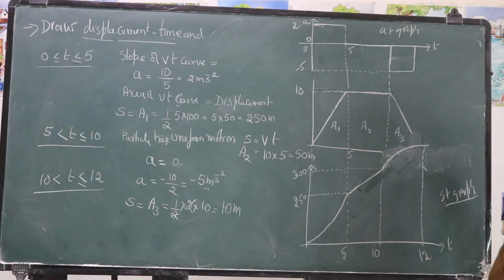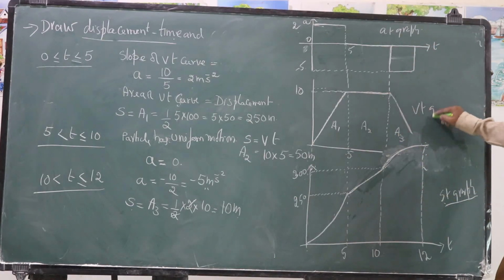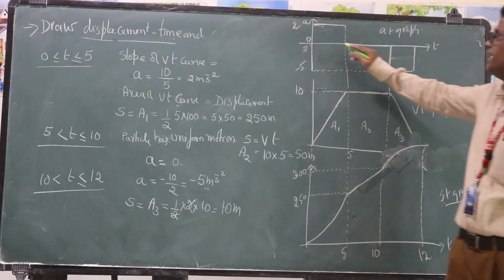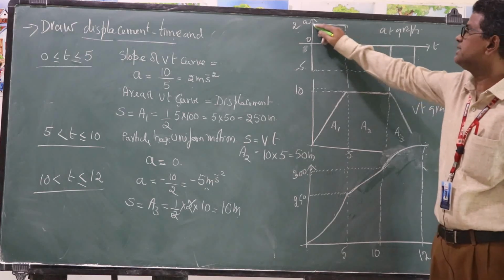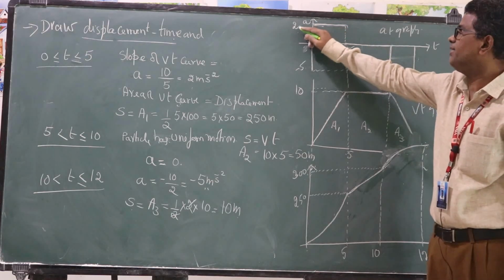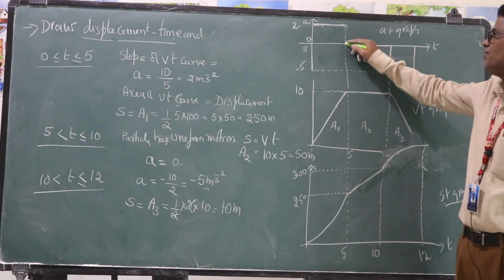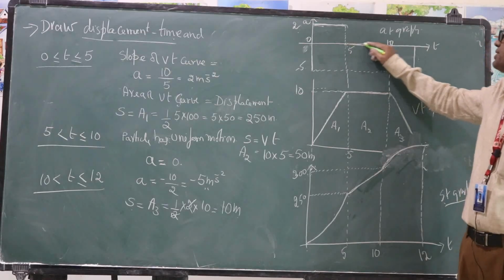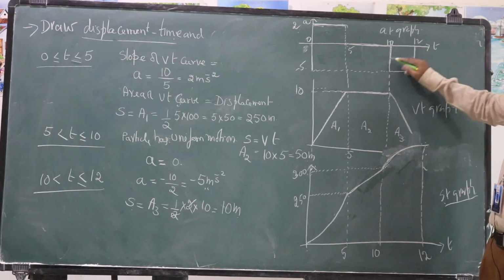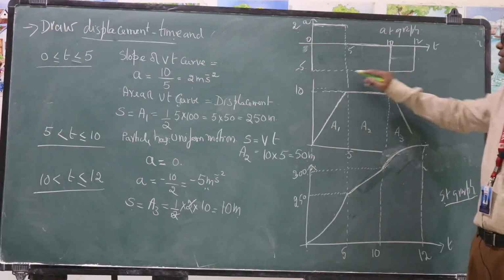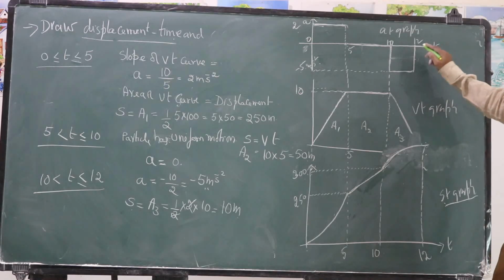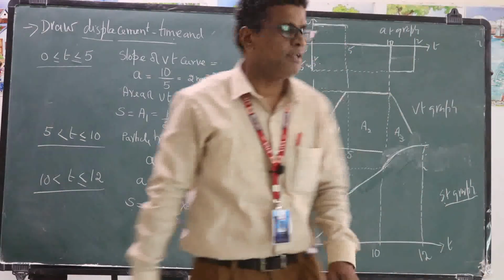The v-t graph is given, and I draw the corresponding s-t and a-t graphs. The a-t graph is 0 to 5 seconds, parallel to the x-axis, uniformly accelerated motion. Then 5 to 10 seconds, acceleration is 0. 10 to 12 seconds, it has negative acceleration, -5 meters per second squared. So these are the corresponding graphs.